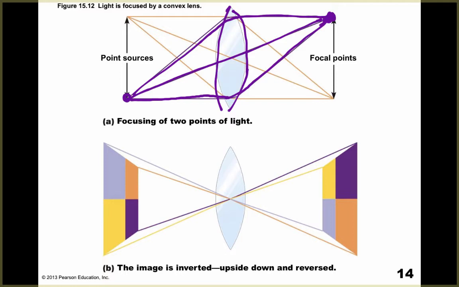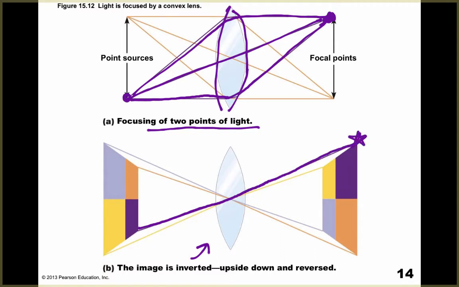So basically what we're doing here with our lens is showing you the focusing of 2 points of light. Once we get into our lens, we're going to be focusing on quite a few different points here. But if you noticed, as this comes through here, it refracts, and then we end up over here.